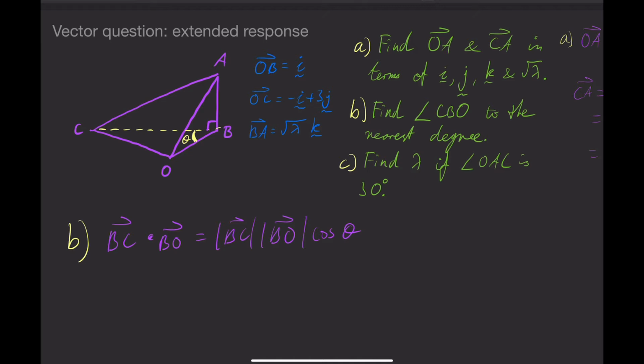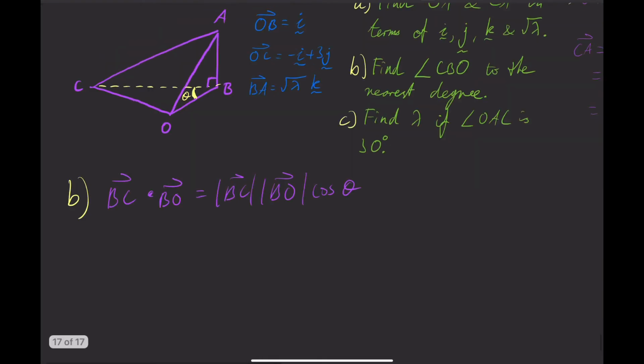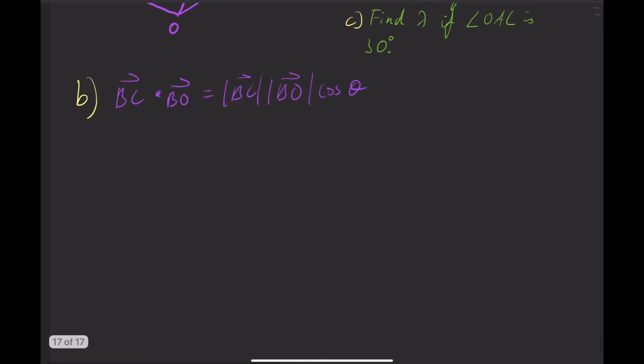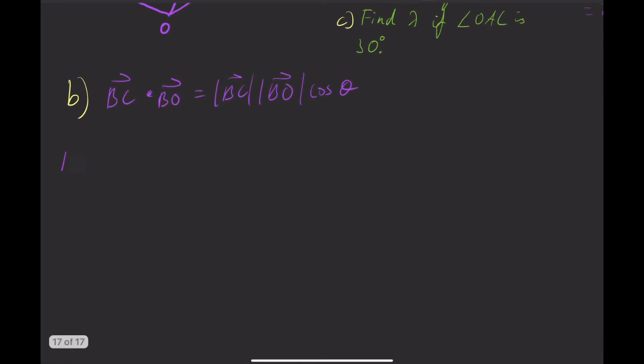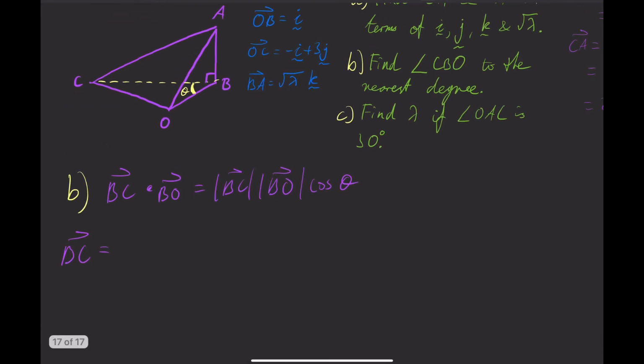So we can write down BC, we can write down BO, we can find their magnitudes, and then we can do our calculation. So let's find BC. If we look at this diagram, vector BC is equal to BO plus OC. BO is negative i vector, because if OB is i vector, then BO is negative i vector.